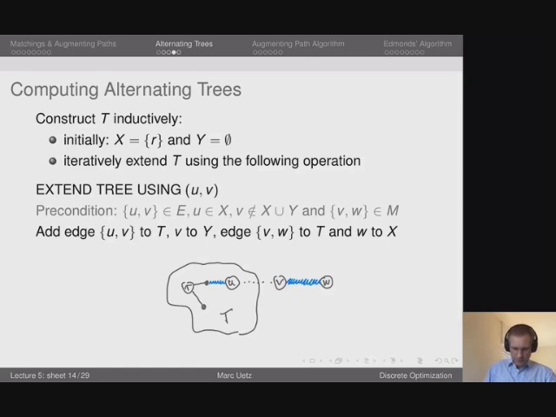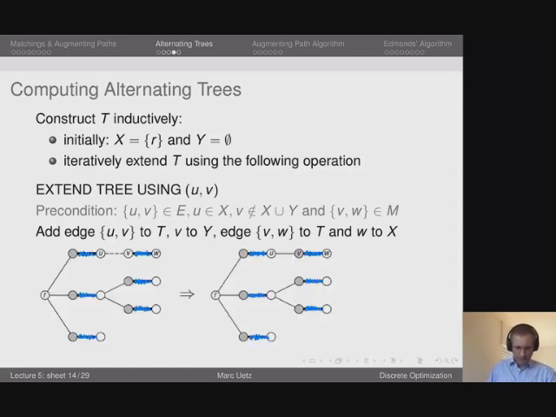So here is another illustration of the same thing, where actually these two edges would be added to the tree using this extend tree operation. Of course, what we are looking for is M augmenting paths.